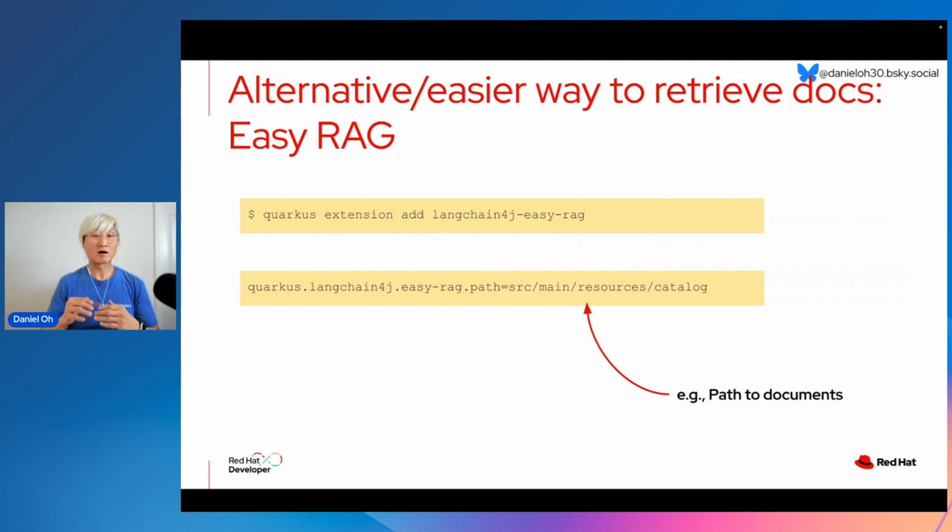A lot of developers think, wow, this is not so easy, building my own retriever as well as ingester. Don't worry, there's an easier way to retrieve your documents in your Java application and implement the RAG capability. That is Easy RAG, part of LangChain4j. You just add the LangChain4j Easy RAG extension to a Quarkus application.